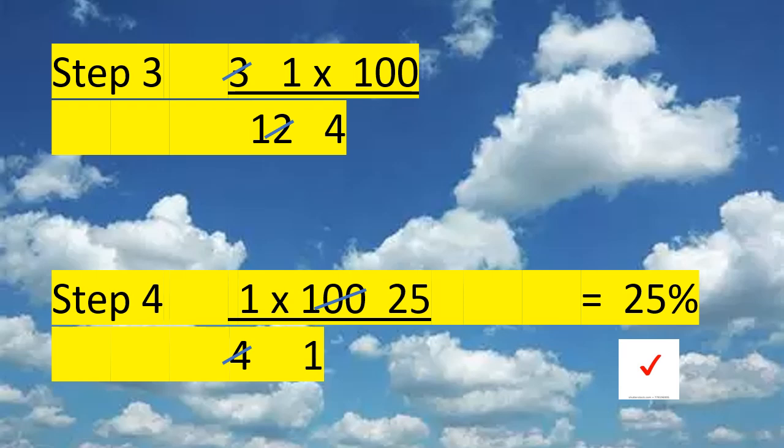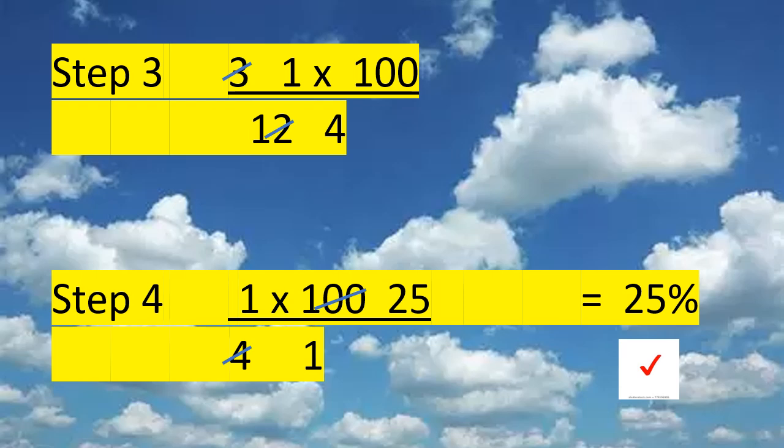Step 3, we do any division that we can. So in this case, we have 3 on the top, 12 on the bottom. We can divide both of those by 3. So 3 divided by 3 on the top equals 1. 12 divided by 3 on the bottom equals 4. So now we have 100 over 4.